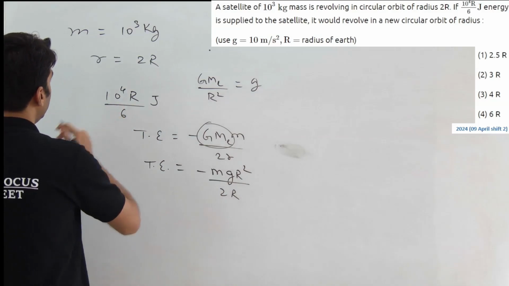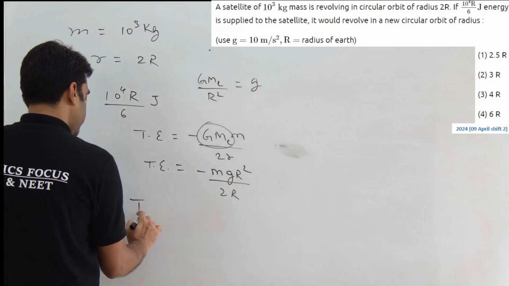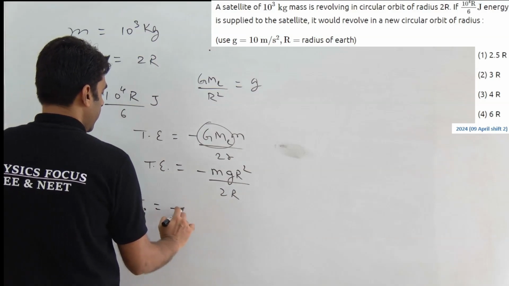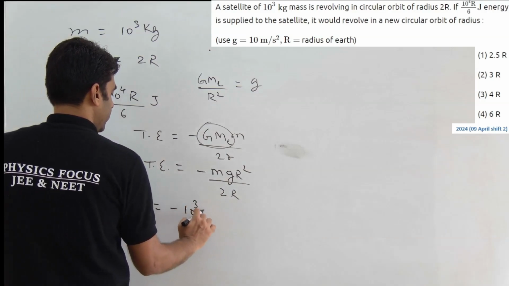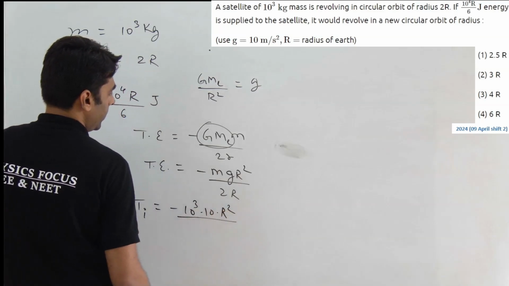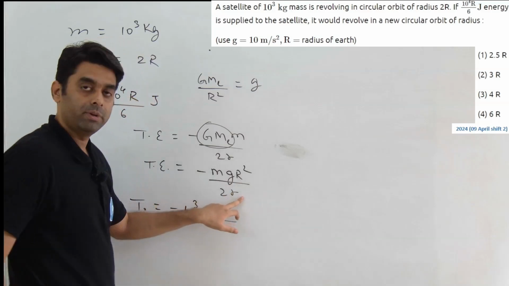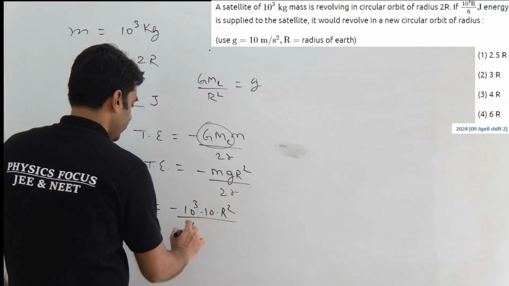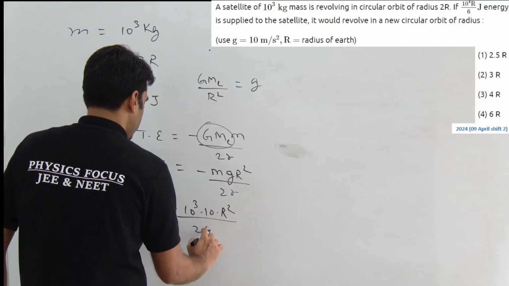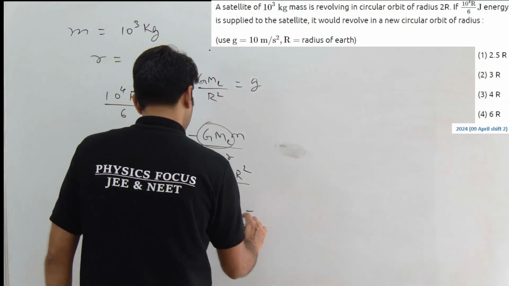Now let us calculate our initial energy. Total energy initial will be minus m, 10 power 3, g is 10, R square divided by 2 into small r, that is the orbital radius, so 2 times 2R. Initially it has an orbital radius of 2R. What are we getting?